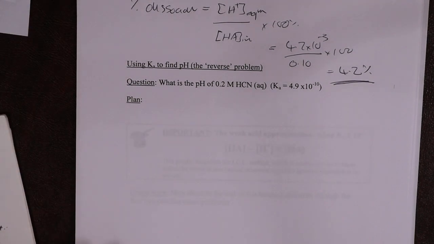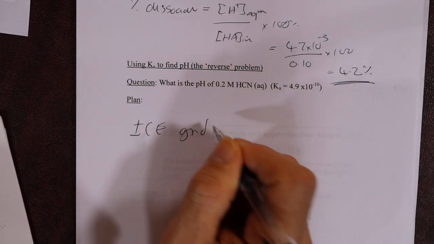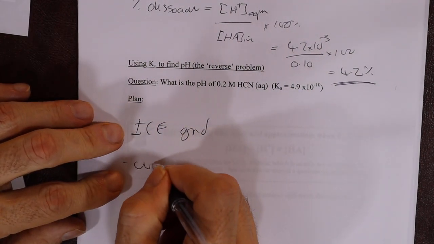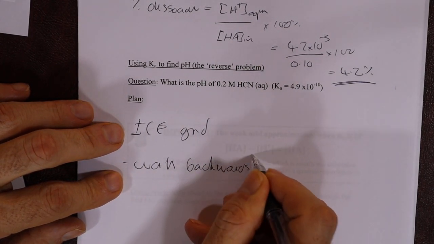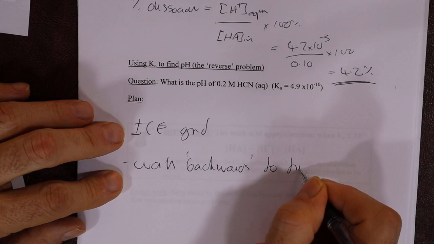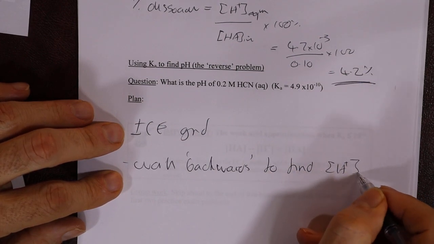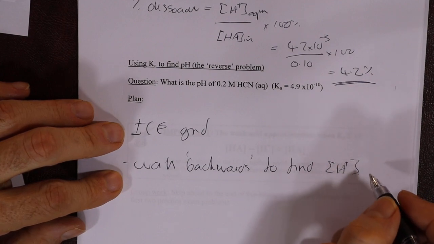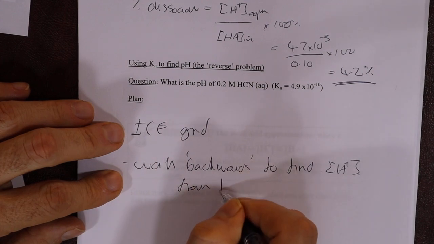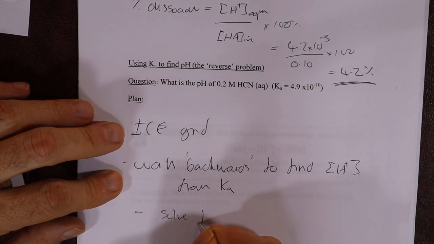All right, so the plan is, again, do an ICE grid, okay? Work backwards to find H plus from Ka. So we'll rearrange that algebra. Okay, and then once you got H plus, you can solve for pH.